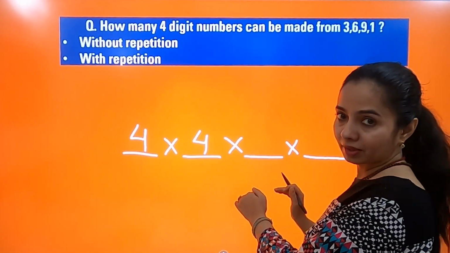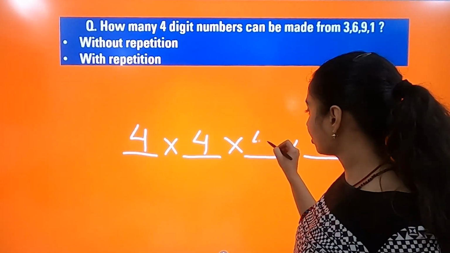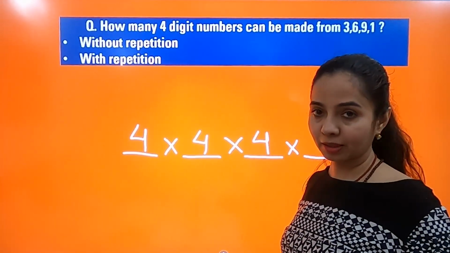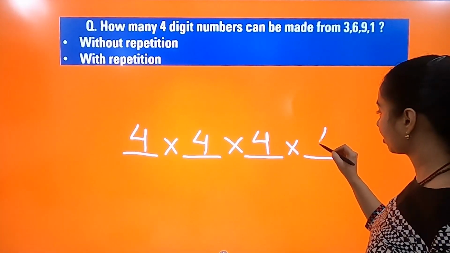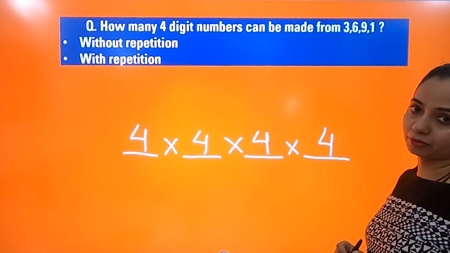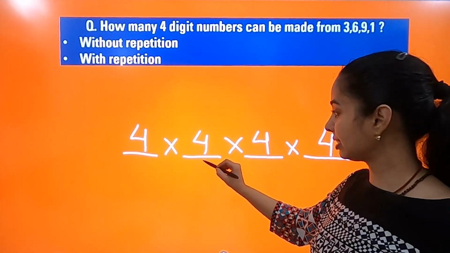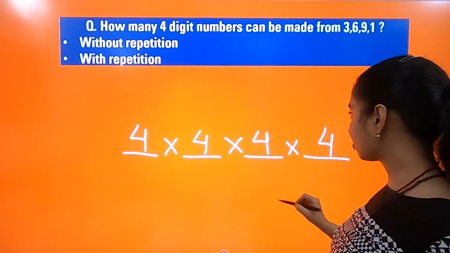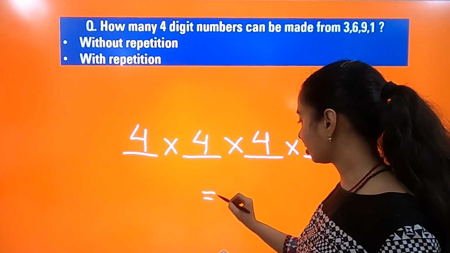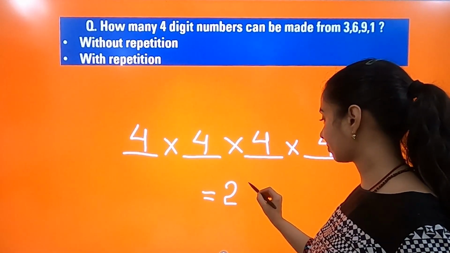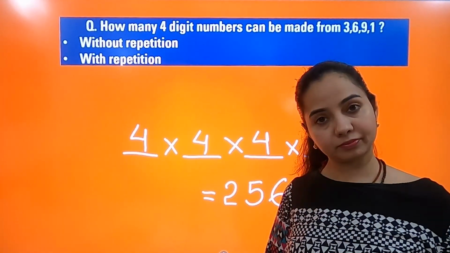Again for the third place, I can use the same digits again. So multiplied by 4. Here also I have 4 options for this place also. So I multiplied by 4. So let's see what comes. 4 times 4 is 16, 16 times 4 is 64. 64 into 4 will be 256.